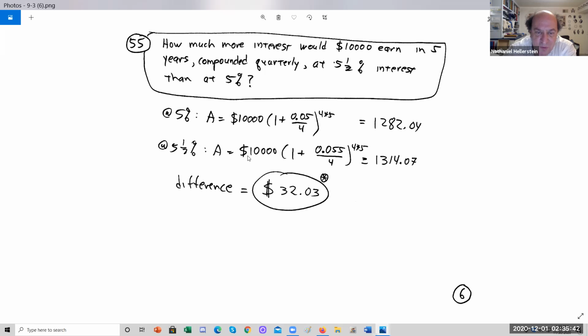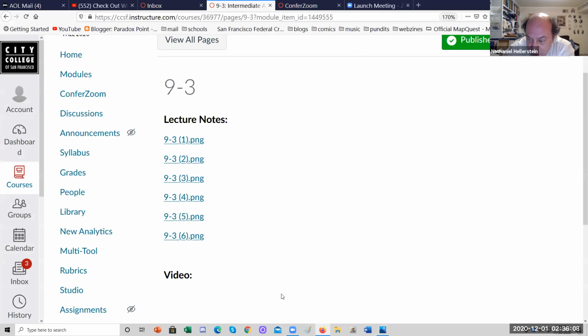At 5.5%, the amount is 10,000 times 1 plus 0.055 over 4 to the 4 times 5. You work it out, it's 1282.04 versus 1314.07. This is bigger than that by $32.03. So that 0.5% interest is worth $32 more in 5 years. Okay, we're done with this.